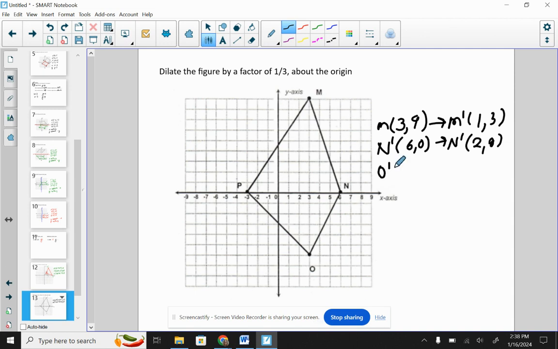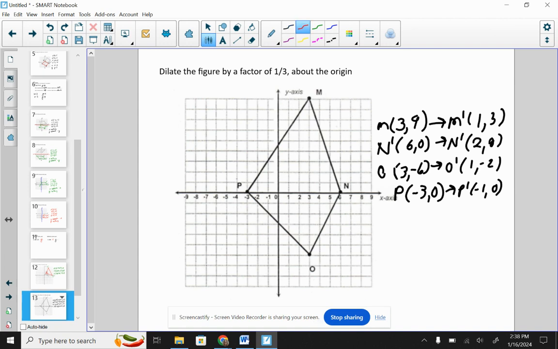My O, which was 3, -6, when I multiply, oops, that shouldn't be O prime there. Okay, no O prime, just O. The O prime is now 1, -2. Oh, I didn't graph them, I'll graph them after. And my P, which was -3, 0, becomes -1, 0.